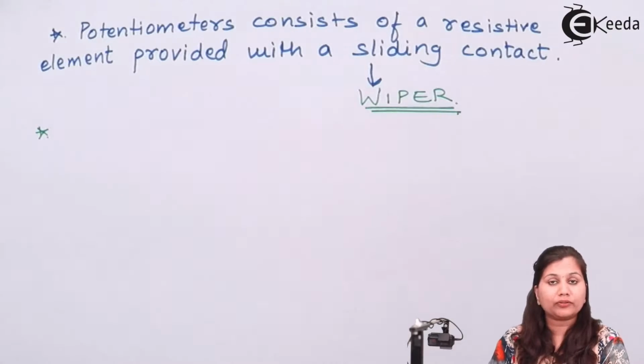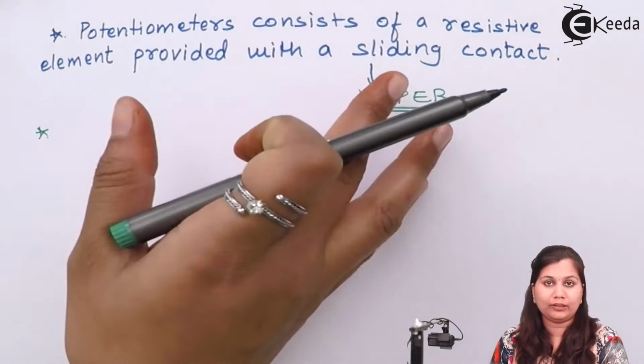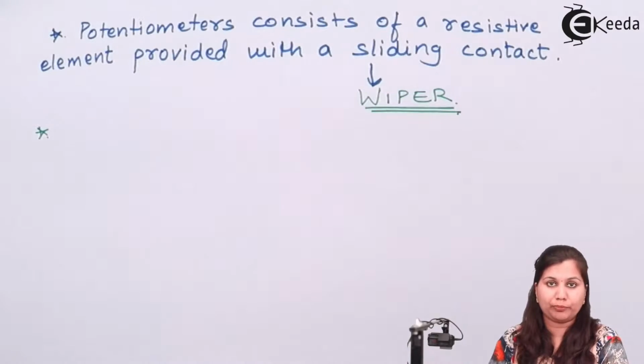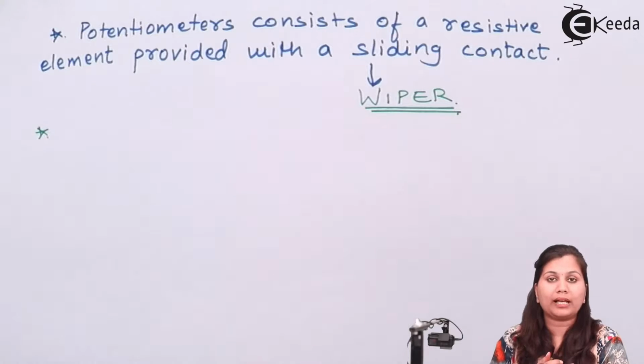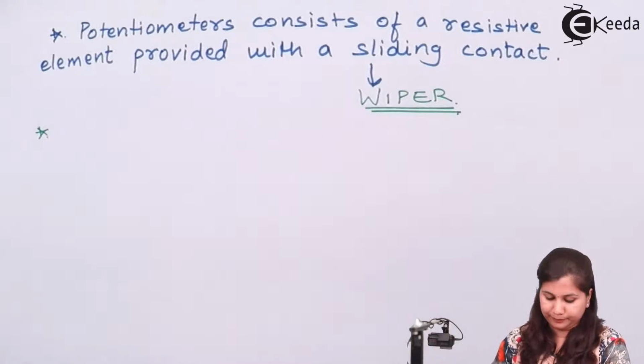So on the basis of the type of motion of the sliding contact, there are two types of potentiometers: translational potentiometers, also known as linear potentiometers, and the rotational potentiometers, also known as the rotary potentiometers.